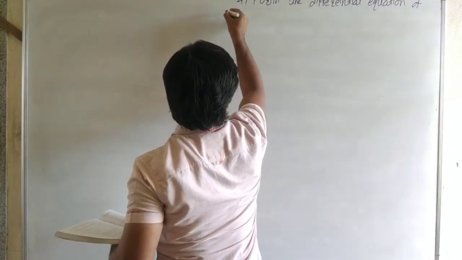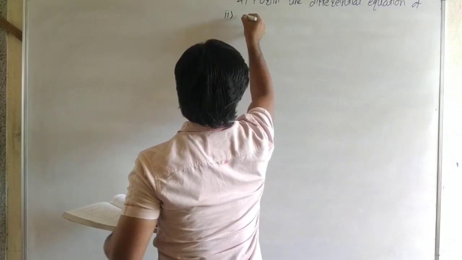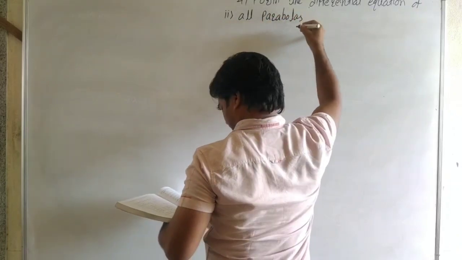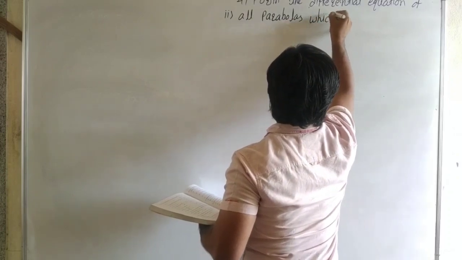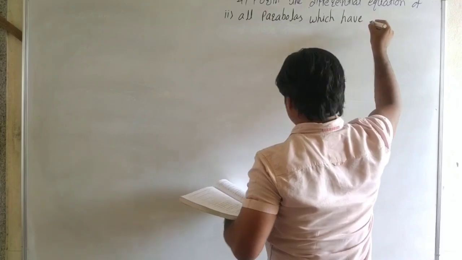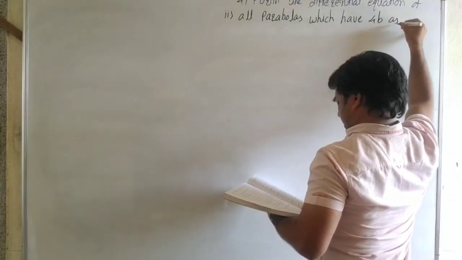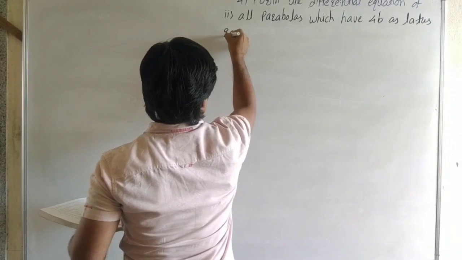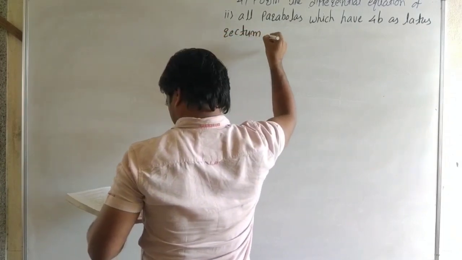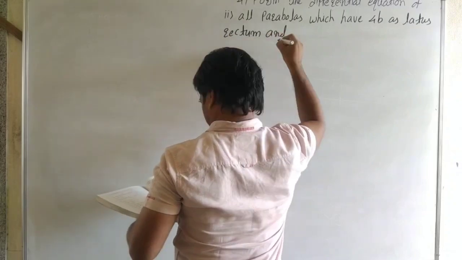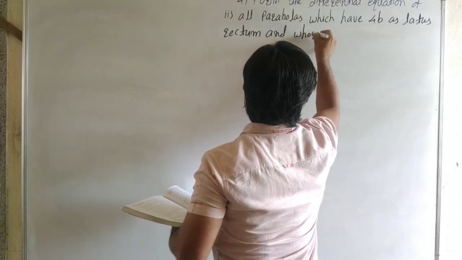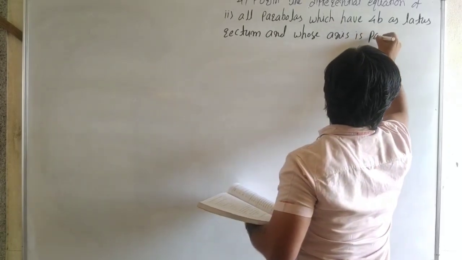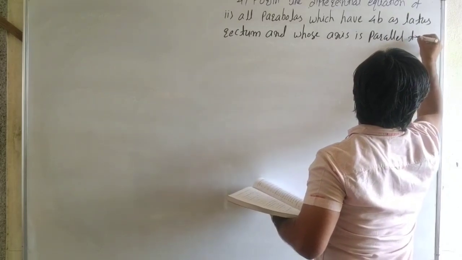Here, form the differential equation of all parabolas which have 4b as latus rectum and whose axis is parallel to the y-axis.